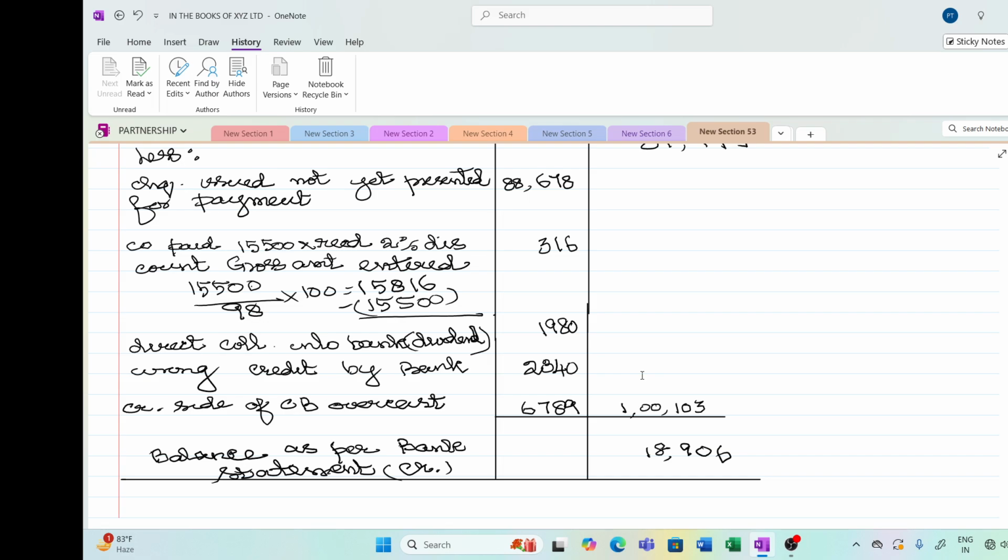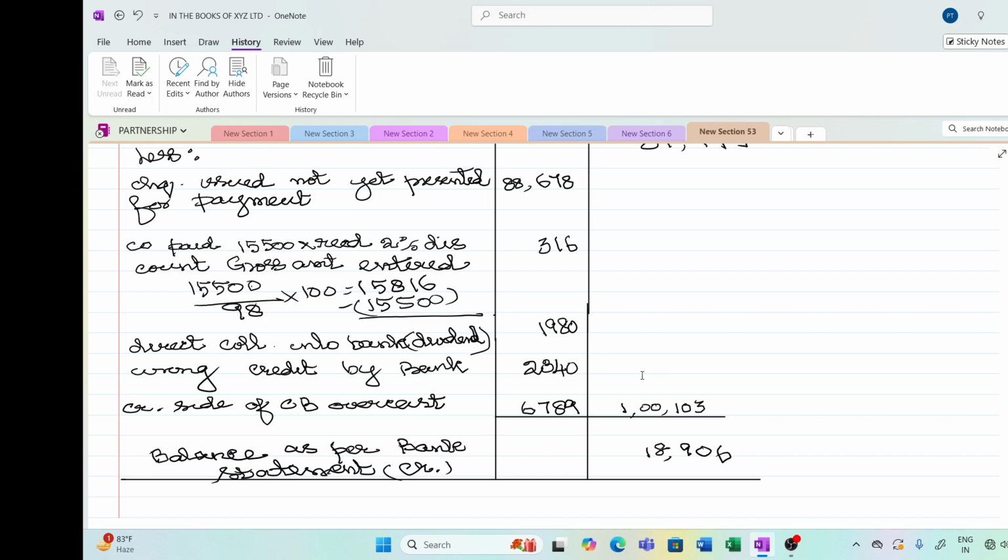Okay. Next one is we have by mistake overcast the payment side. So means it is not the case in bank. They would have totaled correctly. So the moment we total the payment more, the moment we write anything on the payment side in cash book, we increase the overdraft. But it is not the case because the correct totaling would have been done by bank.